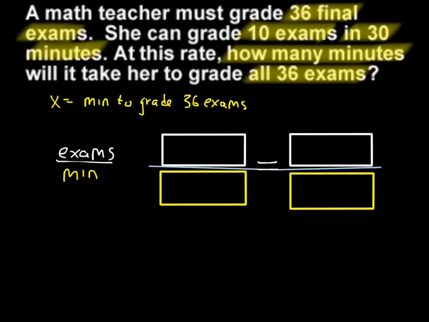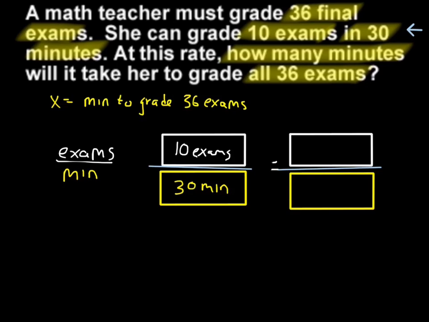So let's set this one up right here. This line right here, 10 exams in 30 minutes. So she does 10 exams in how many minutes? 30 minutes. Equals, there's an equal sign there.